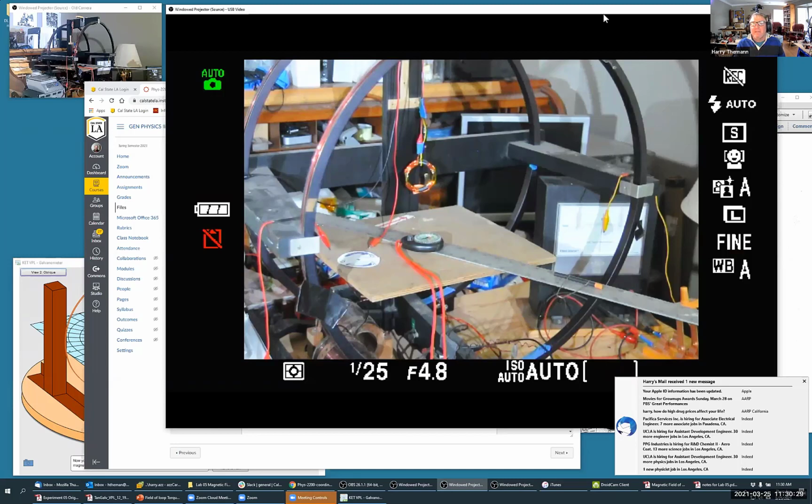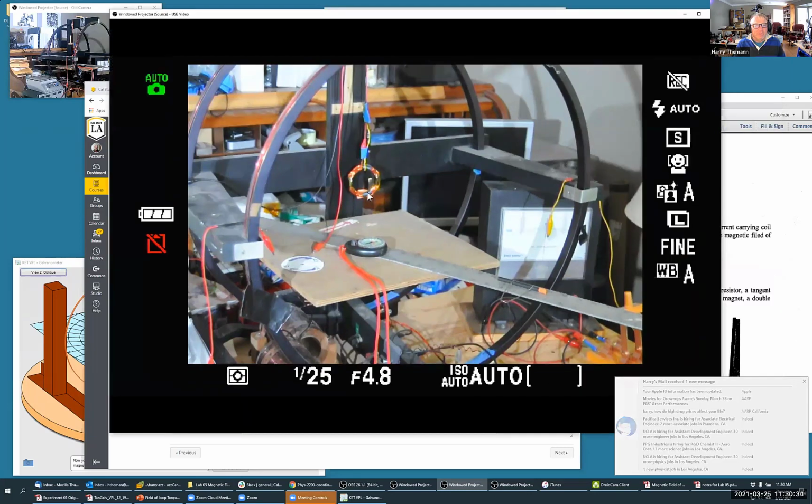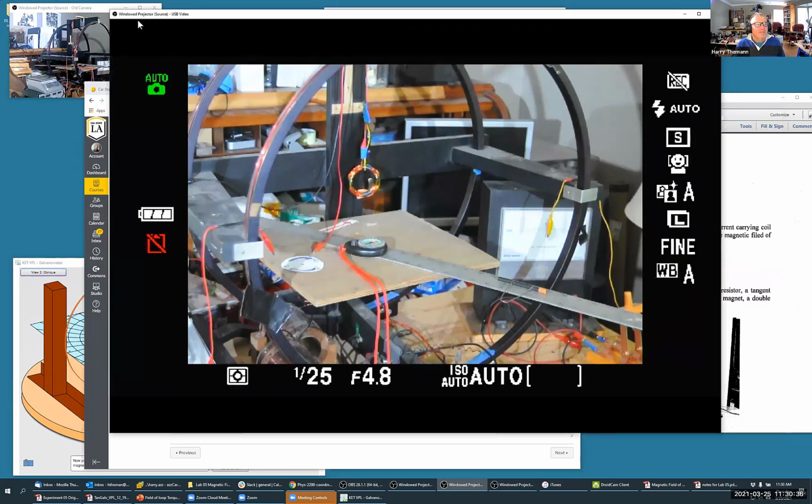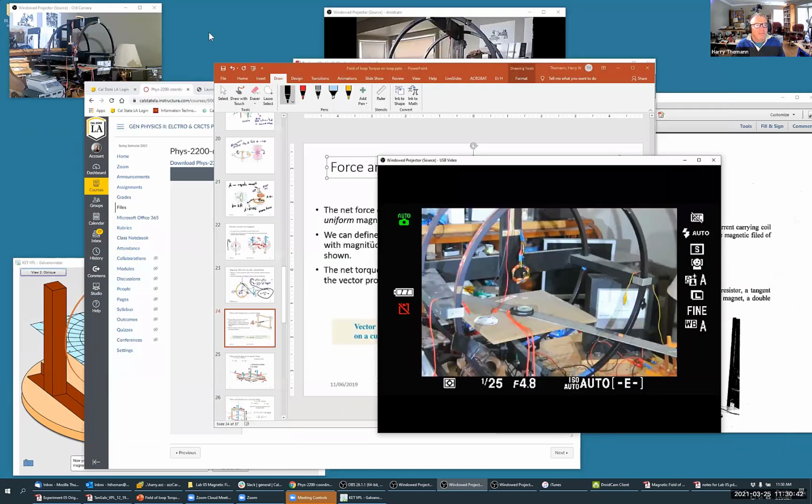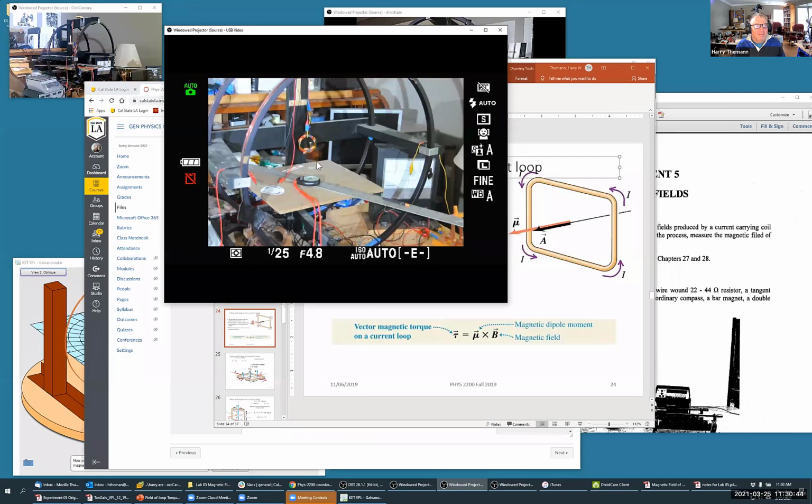But anyways, I'm quite certain that I showed you this coil in the background, and I showed you how I could reverse the current in there, and it would rotate. And I know for sure I showed you the powerful magnet sitting there and how it would rotate. Does that all sound familiar? Yeah, right. Okay.